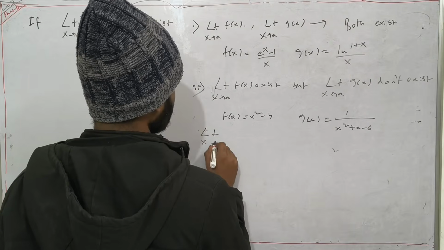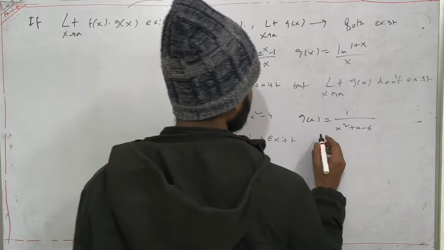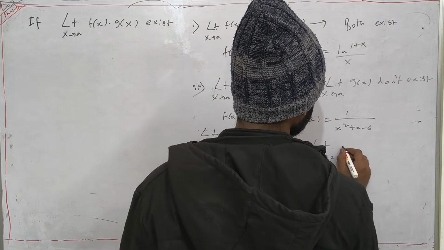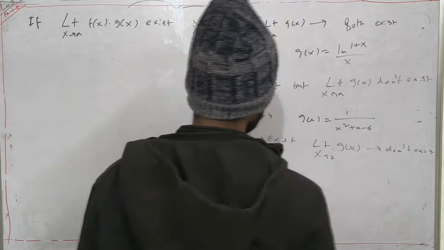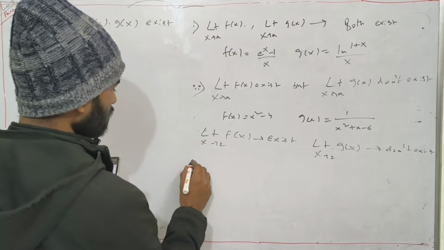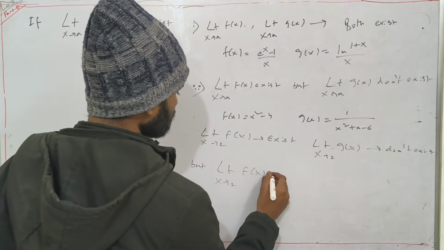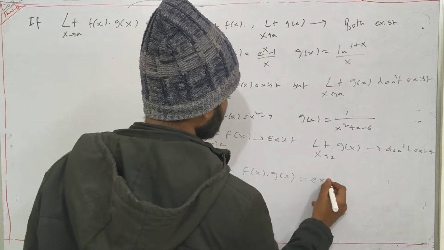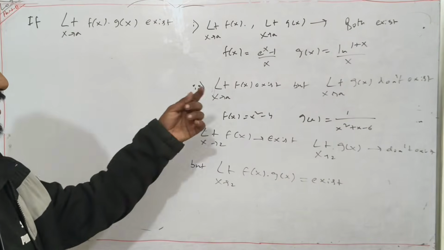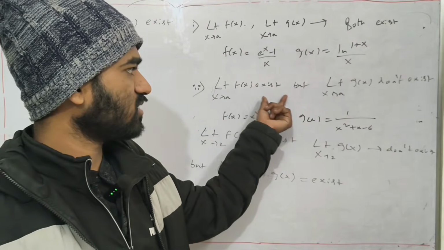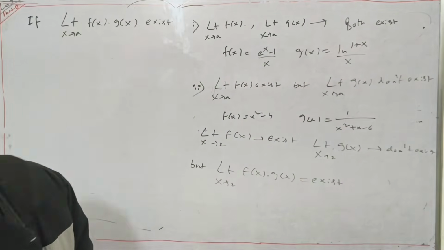So limit x tends to 2, f of x exists, but limit x tends to 2, g of x doesn't exist, if you see. But limit x tends to 2, f of x into g of x exists. If you multiply, then their multiplication exists, though g of x doesn't exist. Okay, this is case 2.